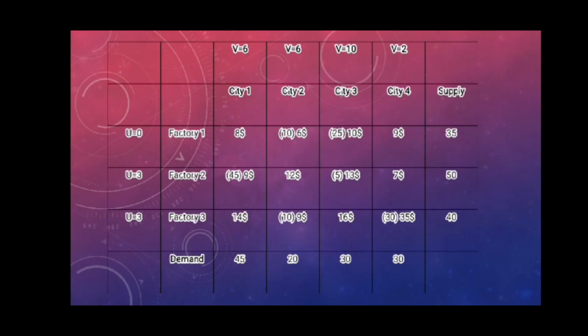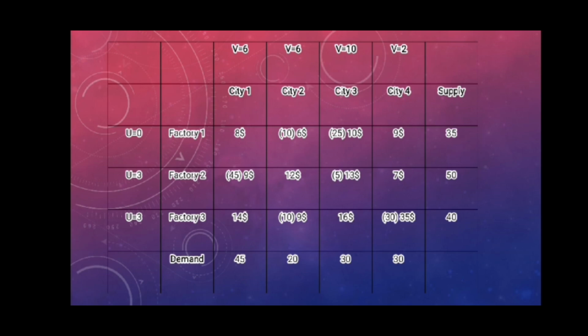Lastly, to find the total shipping cost, we have to add up all the allocated cells that we found as optimal. Therefore, for the allocated cell F2C1 that has 45 shipping units, multiplied by $9. Then add another allocated cell, F1C2, that has 10 shipping units multiplied by $6.